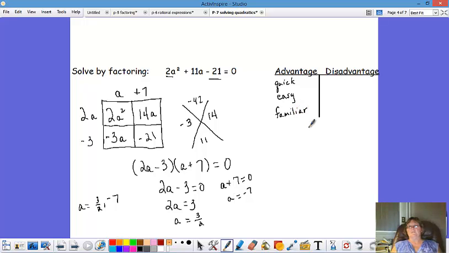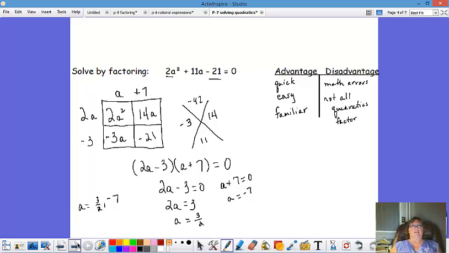It's not something new that we have to learn. Disadvantages, there are math errors, of course, that could be made. That always is true. But more importantly, not all quadratics factor. So this doesn't work all the time. And ideally, we'd want a method that works all the time.